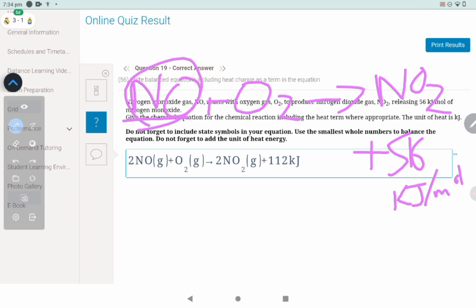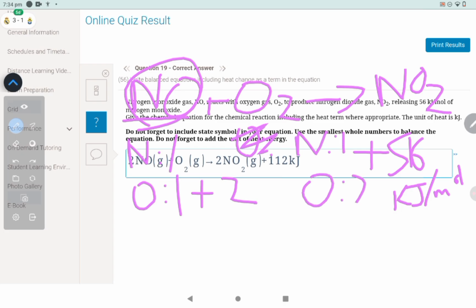Every mole that increases for nitrogen monoxide, the heat increases by 56 kilojoules per mole. So now we're going to balance. We have nitrogen 1, oxygen 1, and oxygen 1 plus 2, and here we have nitrogen 1 and oxygen 2.